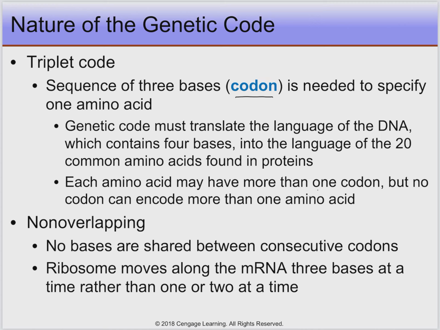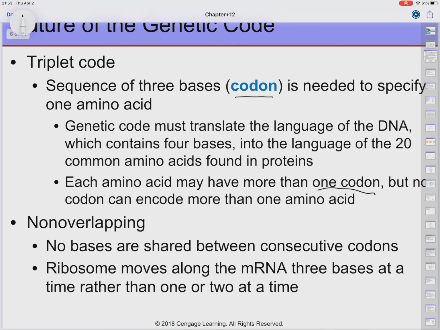And again, to be an amino acid, you just have an amino group on the alpha carbon of a carboxylic acid. So amino acid is just a general term. We just happen to have 20 common ones, a couple less common ones, and then some rare ones involved in proteins, and then of course others that are not involved in proteins at all. Each amino acid can have more than one codon, but no codon can encode more than one amino acid.